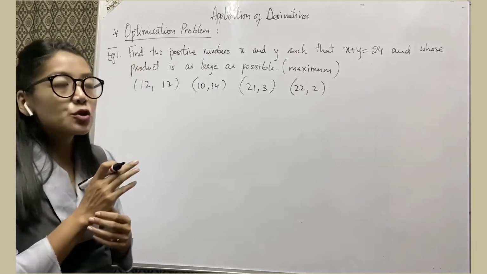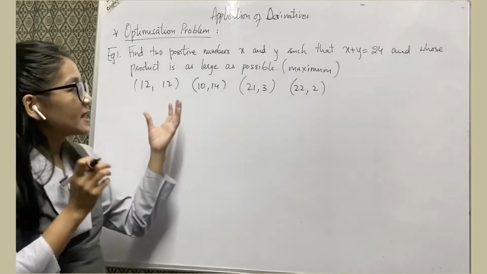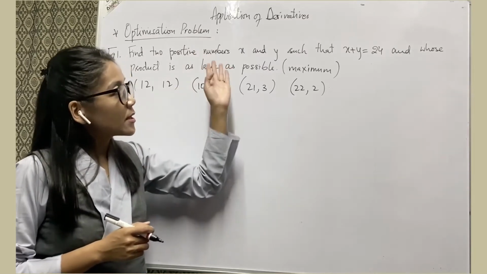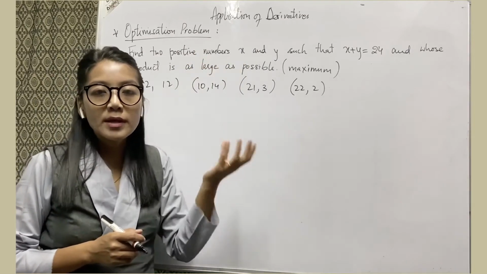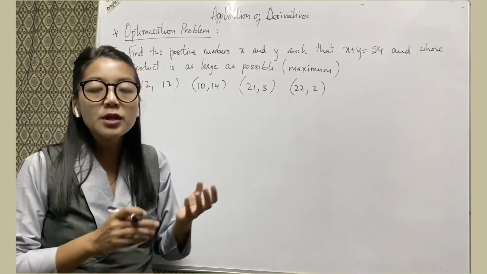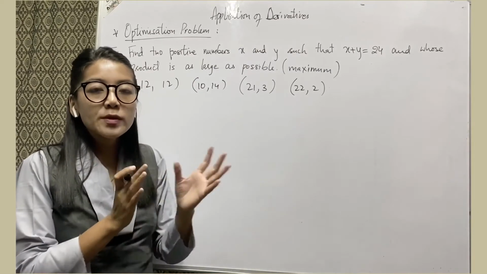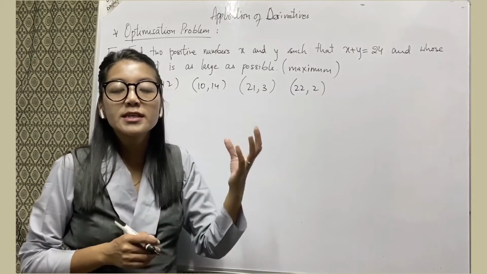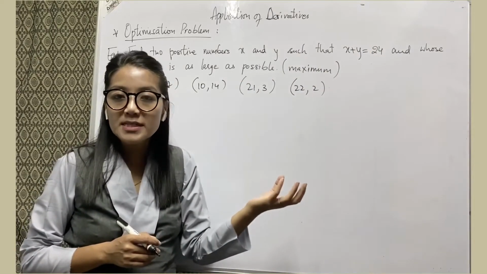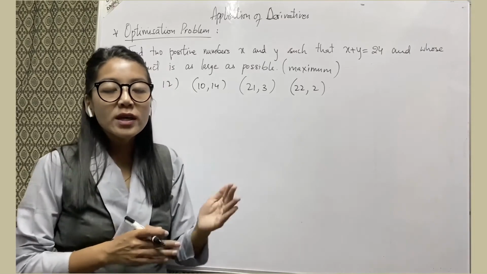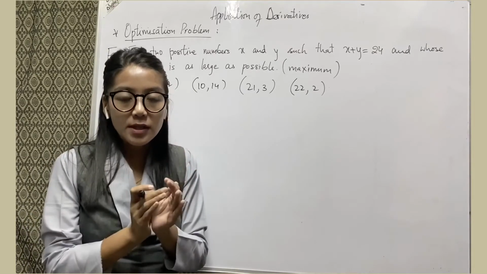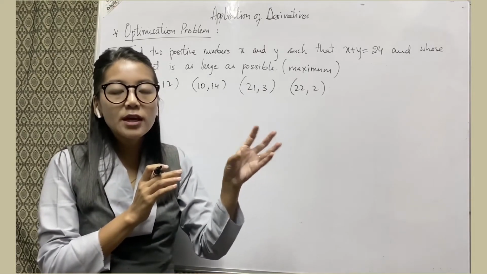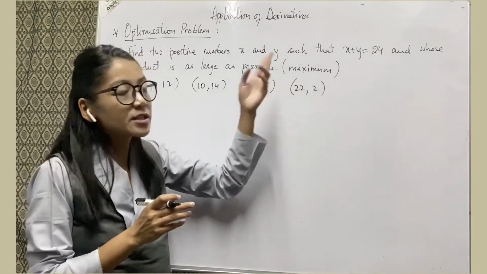I just wanted to say that in this type of question, an optimization problem, whether it is just arithmetic problems or mensuration problems, you will always be given one quantity, and one quantity is to be optimized, either maximized or minimized. Here the sum is given and the product is to be maximized.